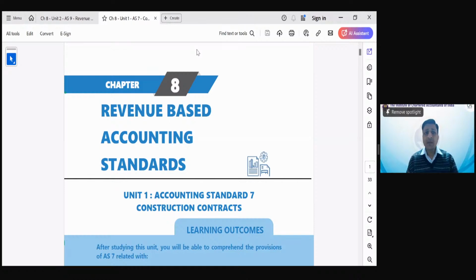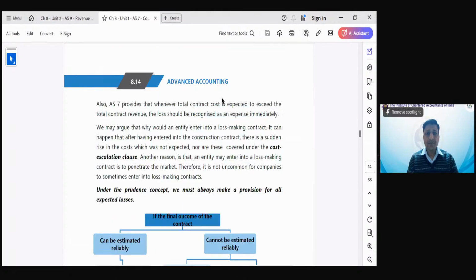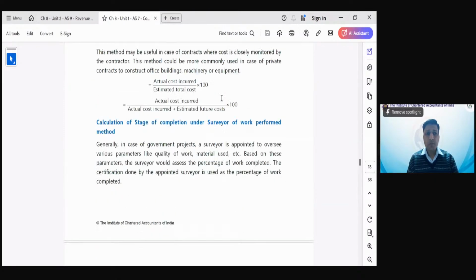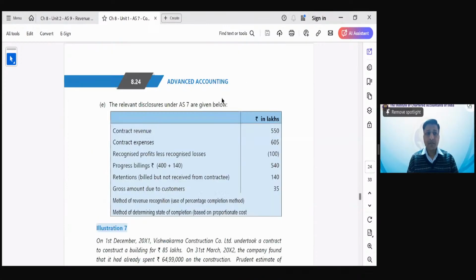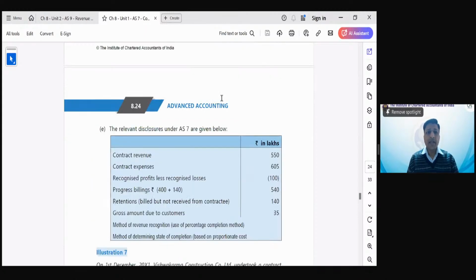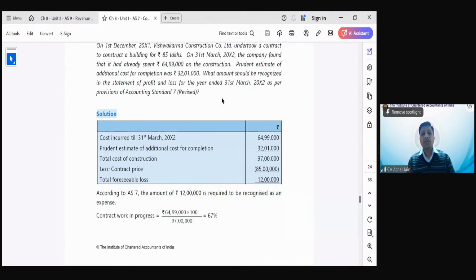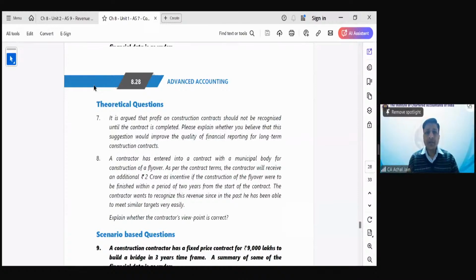Question 11. Which page is that? If you can also let me know the page number, because I can't see any illustration beyond 7. Ankit says page number 8.29.